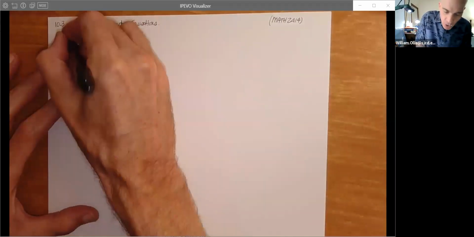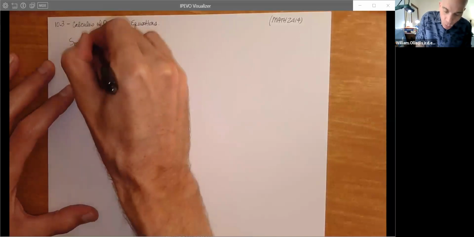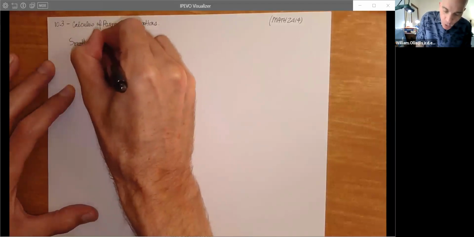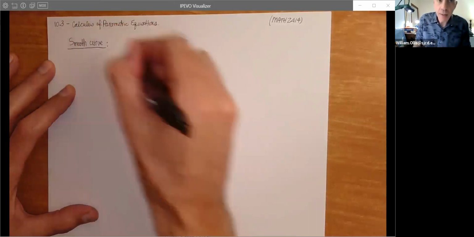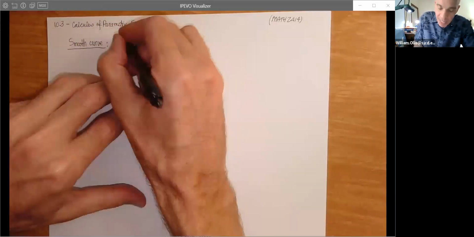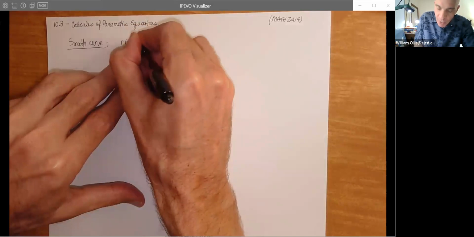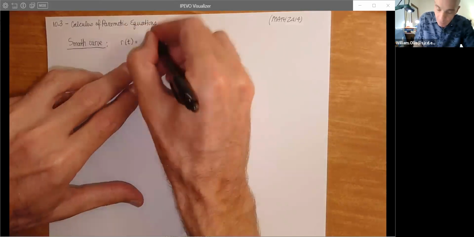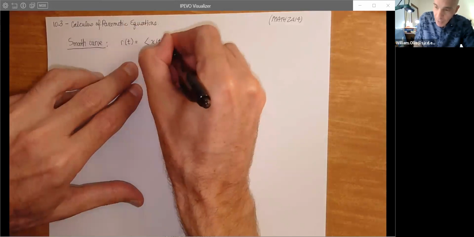So first, let's start with a smooth curve. What we know about the smooth curve is that it's C1 and x prime and y prime are not simultaneously 0. And I've been using the convenient notation r of t equals x of t, y of t.